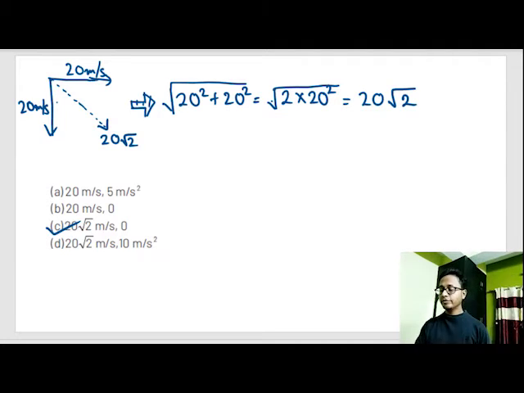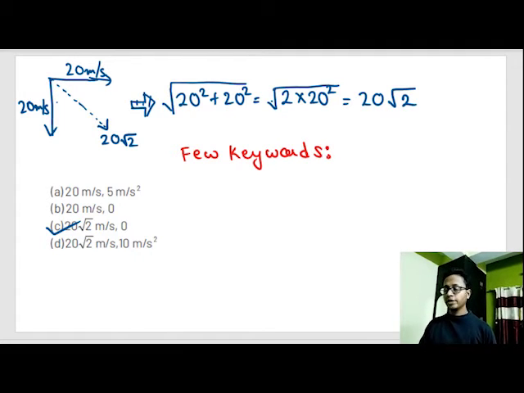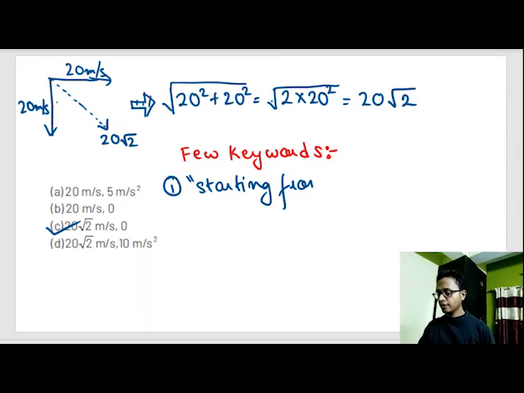Now, a few keywords that I am giving you. Whenever the question says starting from rest, that means initial velocity is equal to 0.